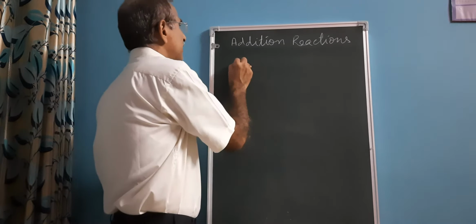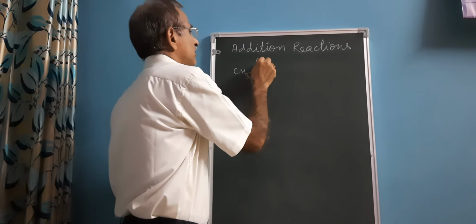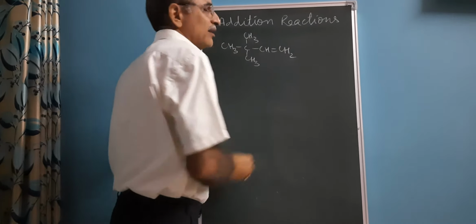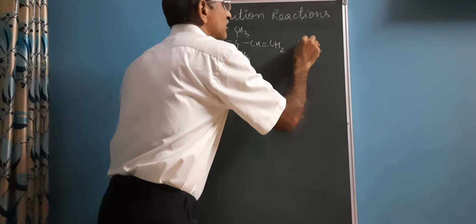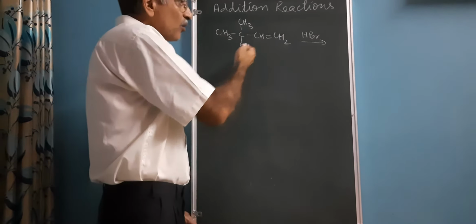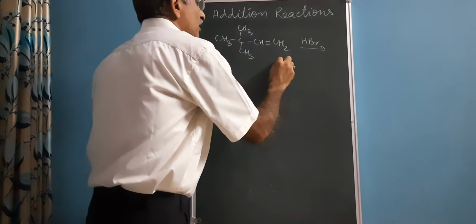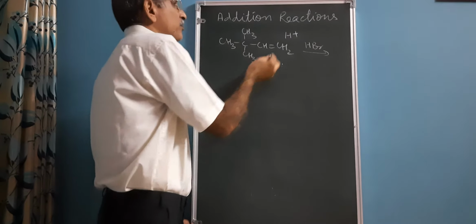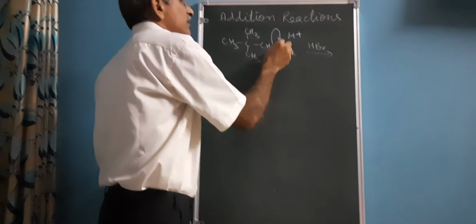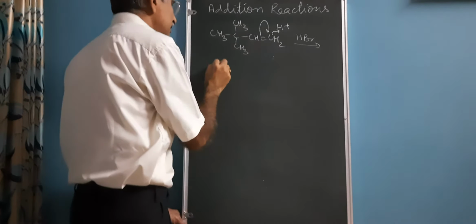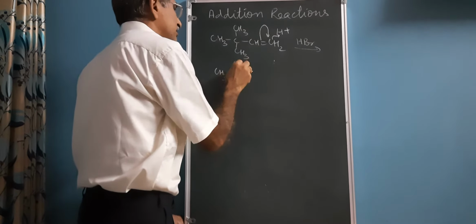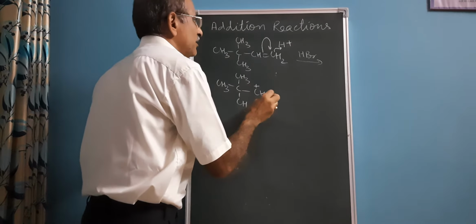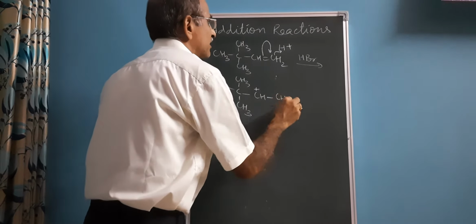Now coming up to some other example, let's consider this. Here we are going to add HBr or any halogen acid. How does the reaction take place? Here, in presence of H ion, due to inductive effect of this alkyl group, pi electron shifts along primary carbon atom, and as a result, there will be formation of secondary carbonium ion.